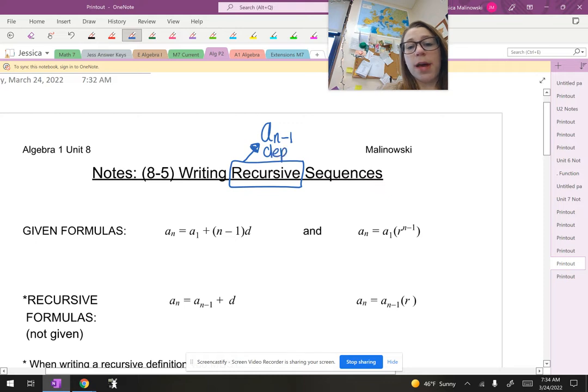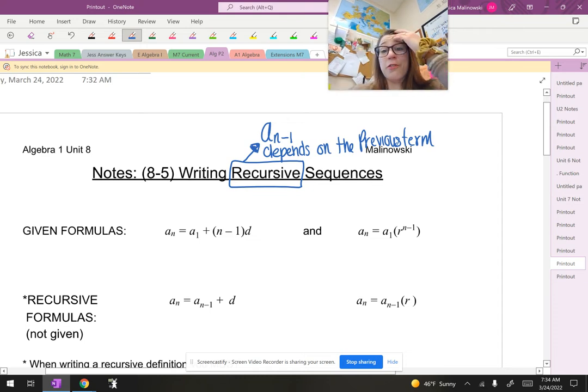Recursive just depends on the previous term. And that's what made it kind of annoying, because when they were looking for like a sub 5 or something, we couldn't just plug in a sub 5 and find out what it was. We had to start with 1 and then find 2 and then find 3 and then find 4, and then we could find the fifth one. So a little bit annoying.